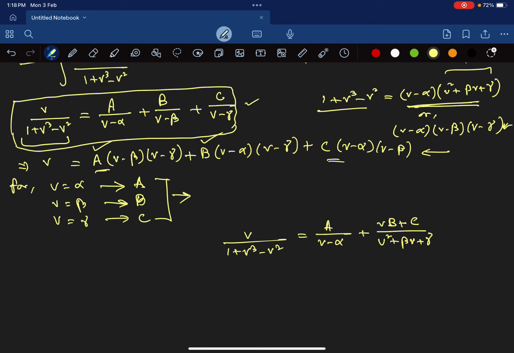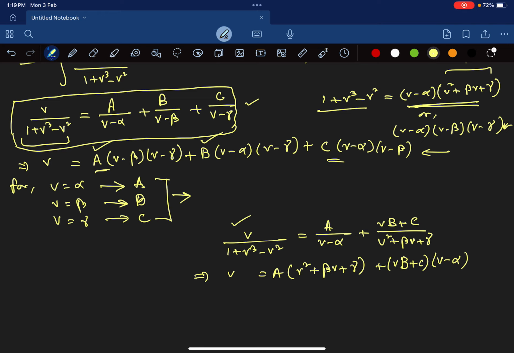This form you need to take. Again the same process: you take the upper term, that is v equals a times v square plus beta v plus gamma plus v b plus c times v minus alpha.